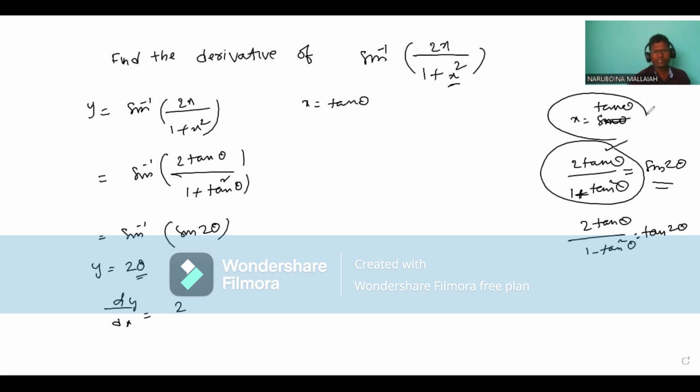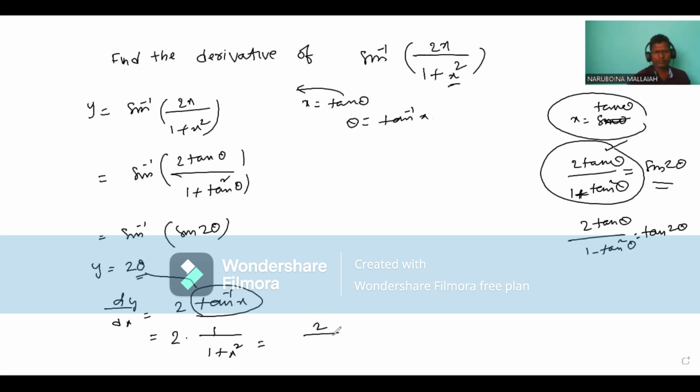Send this tan to the other side, theta is equal to tan inverse x. Now I am differentiating it. The constant remains as it is. The derivative of tan inverse x is 1 by 1 plus x square. This is equal to 2 by 1 plus x square. This is the required answer.